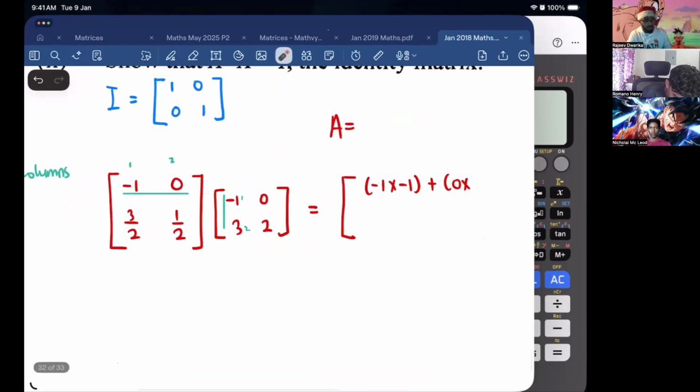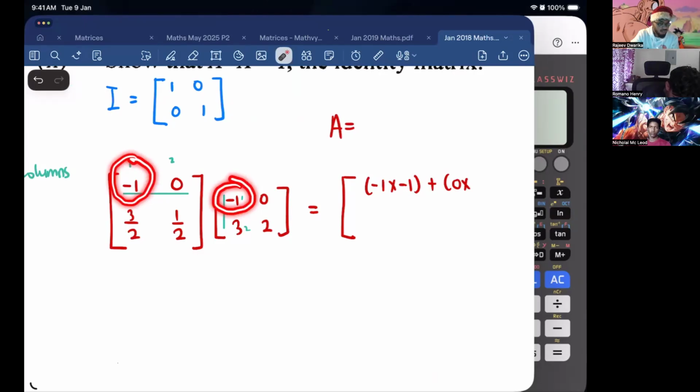So we did -1 by -1. So what do you think I'll multiply next? -1 by 3. No, look at the order again. This is the first element in the first row. This is the first element in the first column. Multiply that. This is the second element in the row. 0 multiplied by 2. No, 0 by 3.